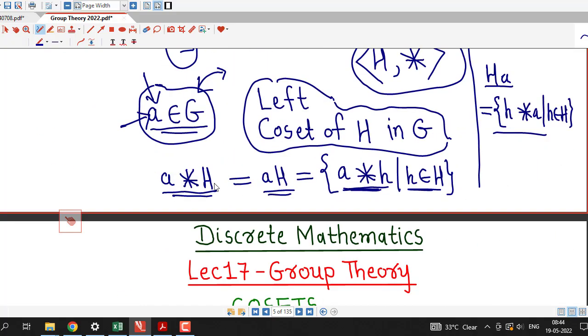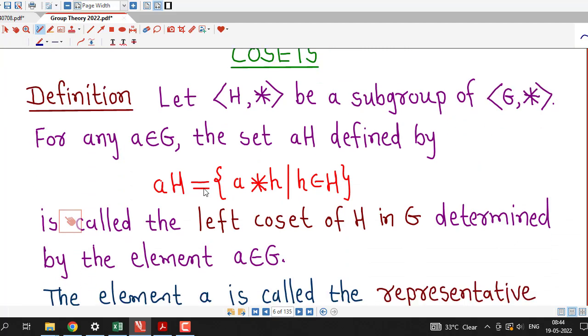Okay, fine. So we have written this definition here. Let H with binary operation star be a subgroup of G with binary operation star.